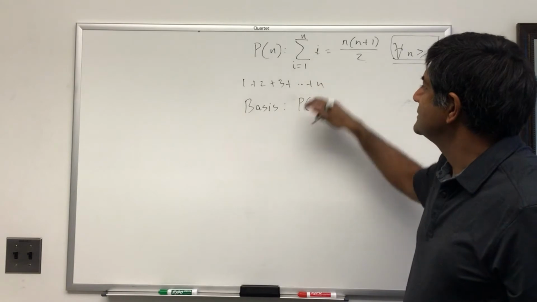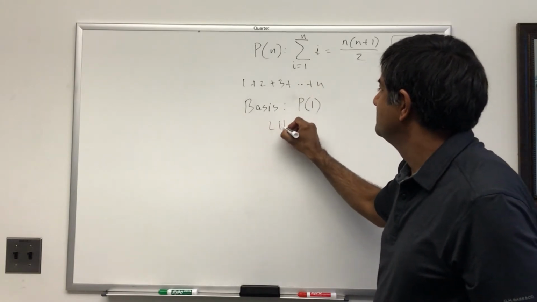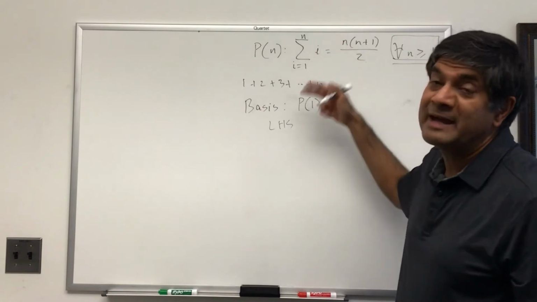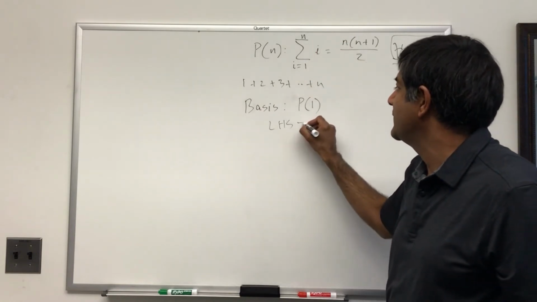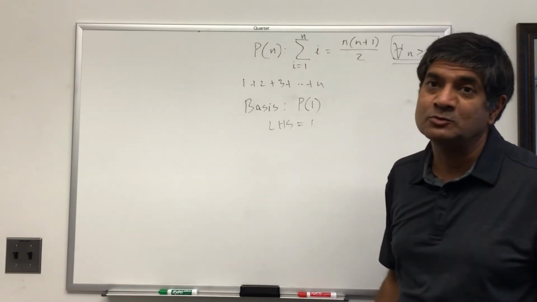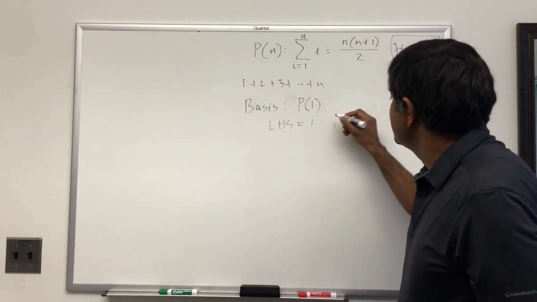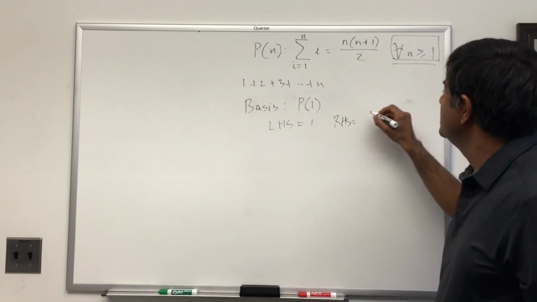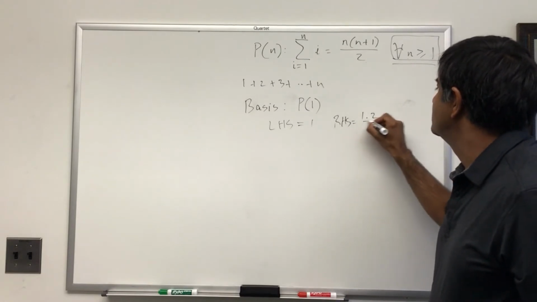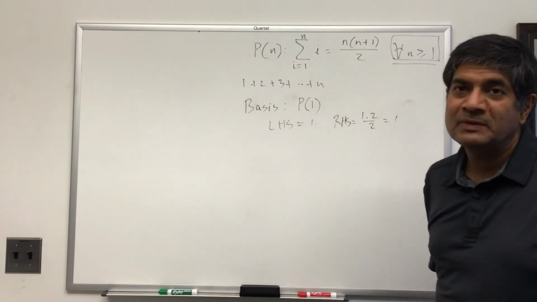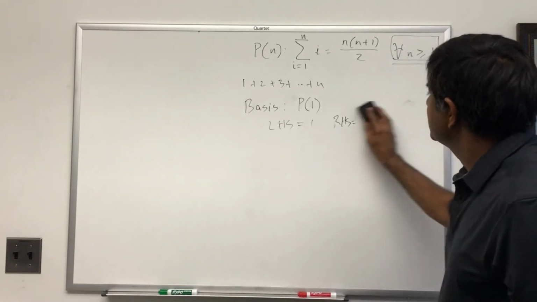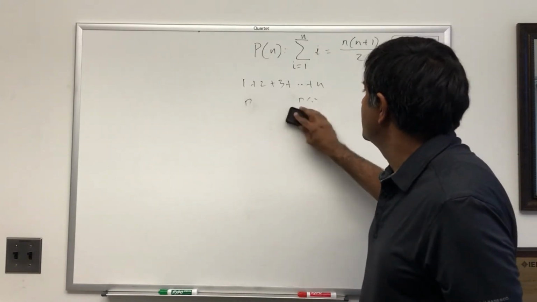The left-hand side is the summation from 1 to n. If n is 1, I only have the single term there, and that's a 1. And then the right-hand side, again, I plug 1 in, so I get 1 times 2 divided by 2, which is also 1, and that's the base case.